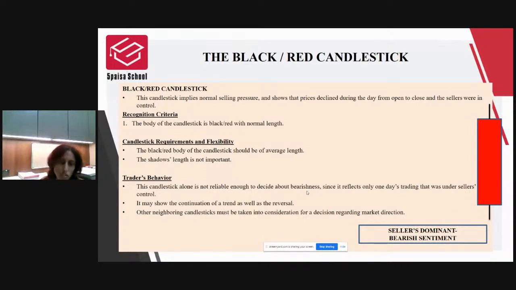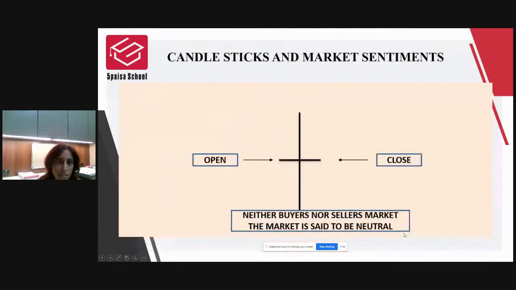Because there are so many things happening across the markets, and nothing can be shut down because you never know what will have an impact and what will be the weightage. So this black or red candlestick refers to a seller-dominated market, and it also reflects the bearish sentiment.